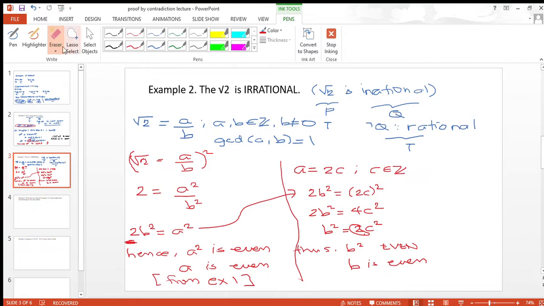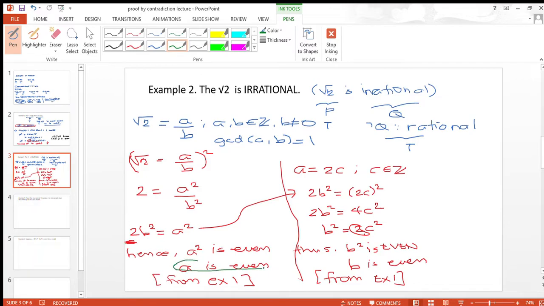Again, this is coming from what we have done in example number 1. So far, what do we have? What do we know?